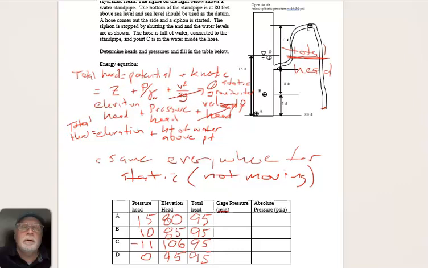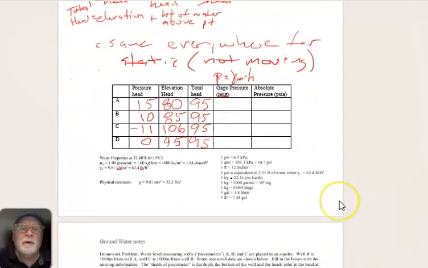All right, let's go through the pressure. If the pressure head equals P over gamma W, then the pressure equals gamma, the unit weight of water, times the head, H. For the common system of units we use in the US, the gamma of water is 62.4 pounds per cubic foot, multiplied by feet.